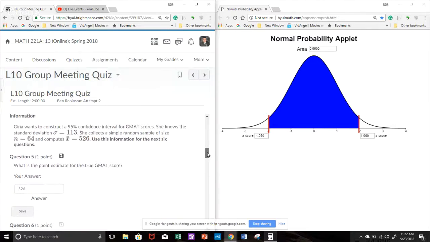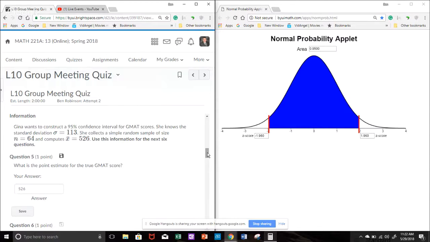Oh, that's what we want to find. So to find that number we have to use the z.